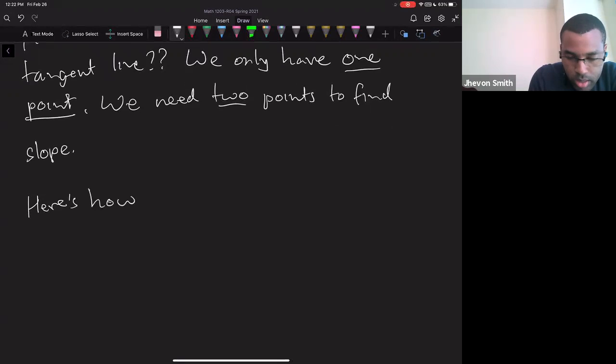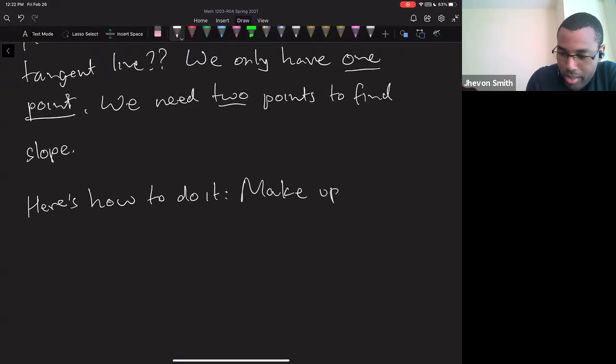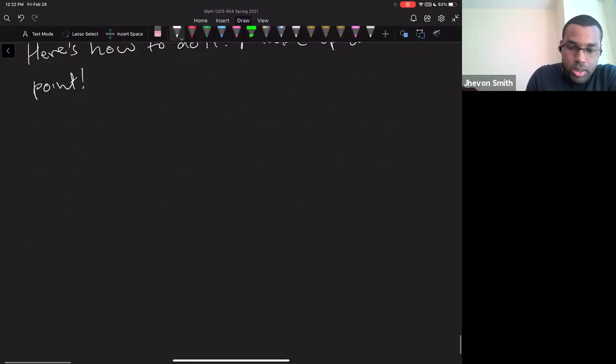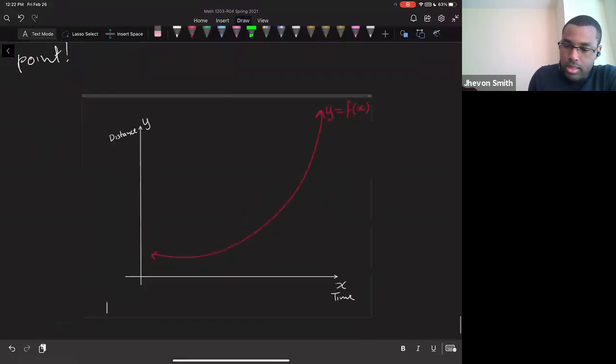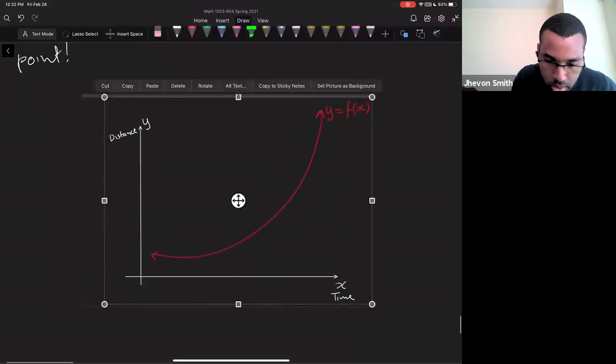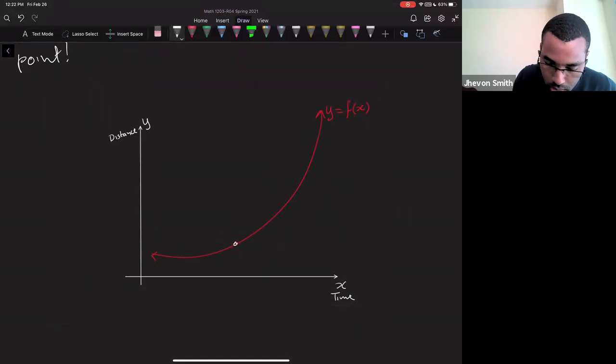Here's how to do it. Make up another point. Just make up another point. I don't know how else to say it. So what we're going to do is, here is the point I care about.